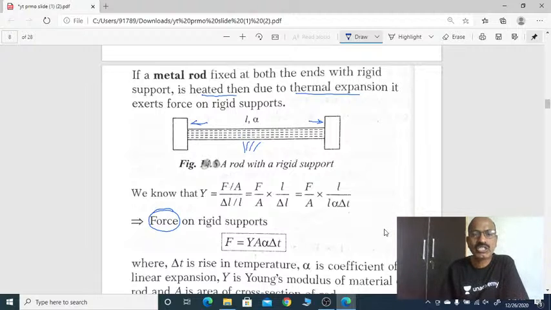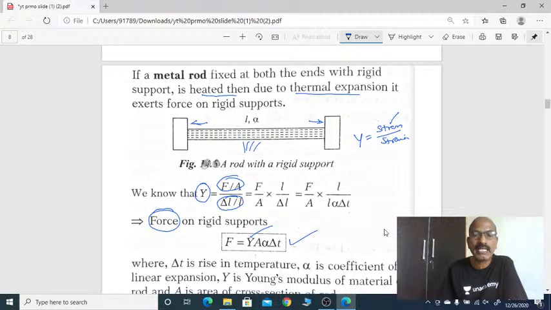The tensional force is Y A alpha delta theta. Keep in mind, Y is Young modulus. We know Young modulus is stress by strain. Stress is force by area. Strain is increase in length by original length.